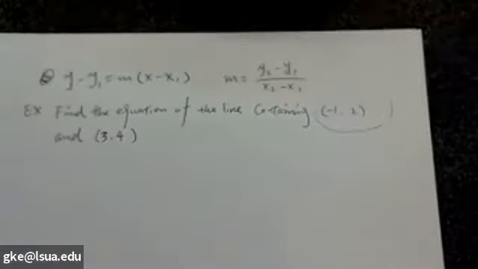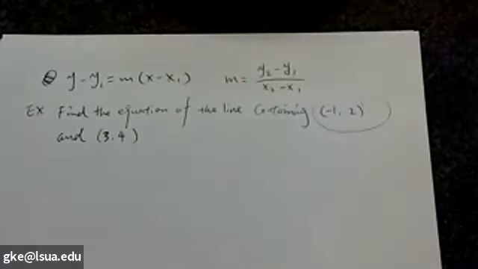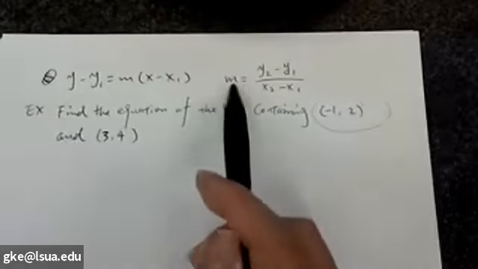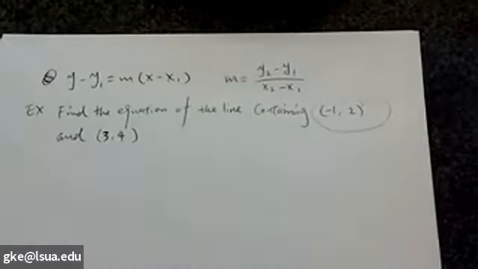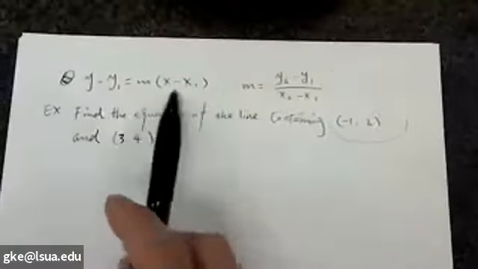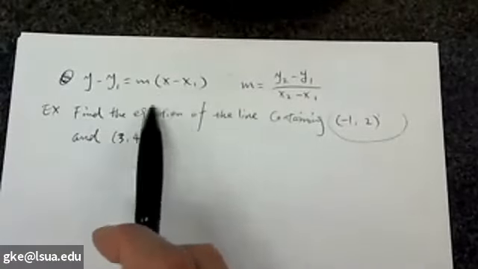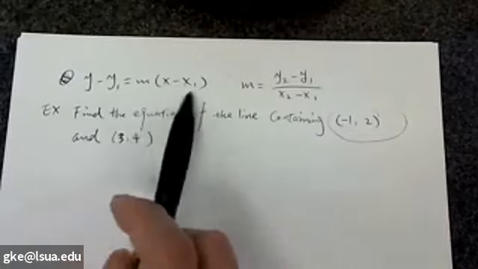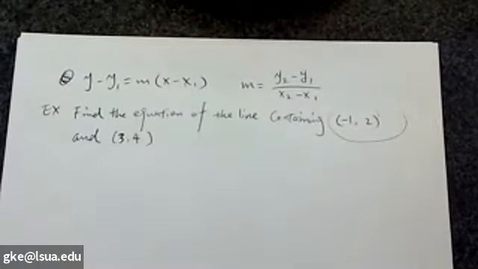But we don't have the slope. So the first step, we're gonna calculate the slope, and otherwise we couldn't plug in this line equation, because this line equation needs a point and a slope, right?